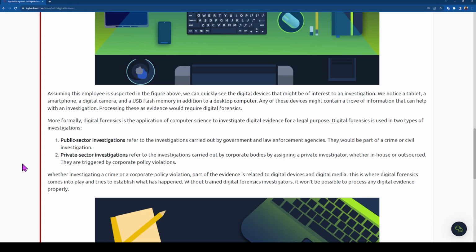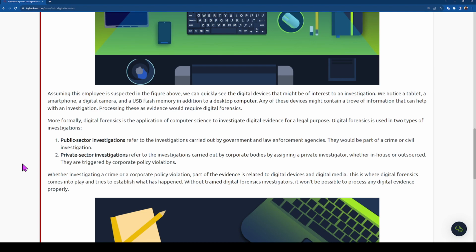So just based on the naming convention here, I'm sure we could probably guess that public sector probably deals with our government and law enforcement, and the private sector is not. That's the easiest way to think about that. So TryHackMe says, public sector investigations refer to investigations carried out by government and law enforcement agencies.